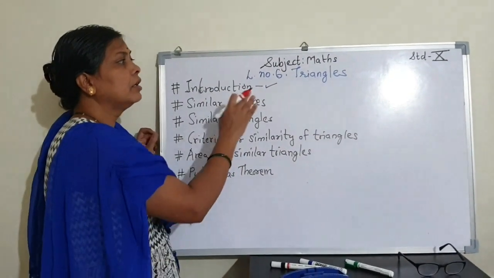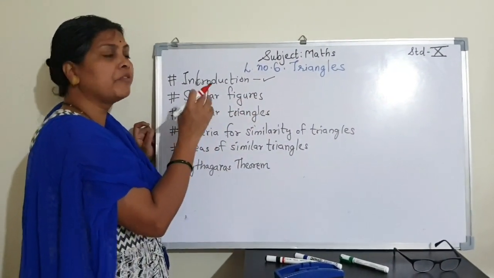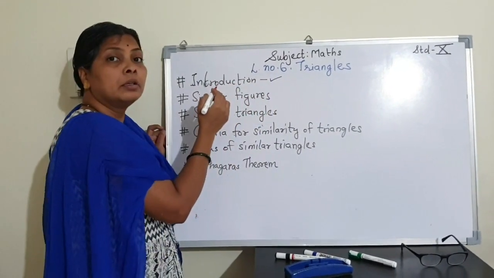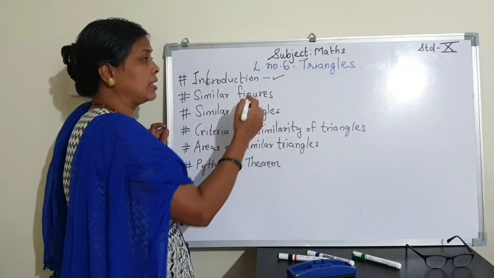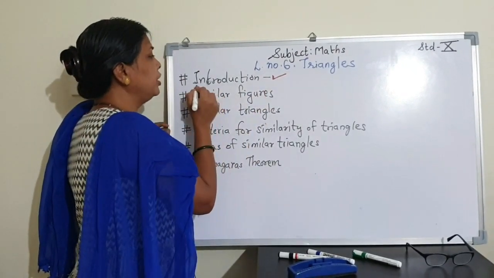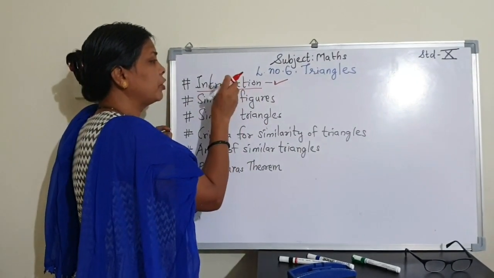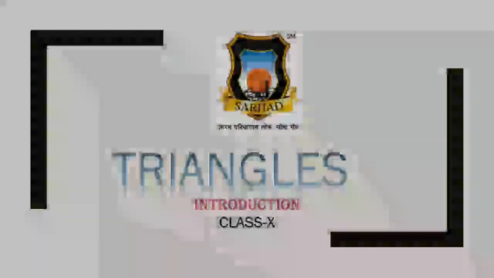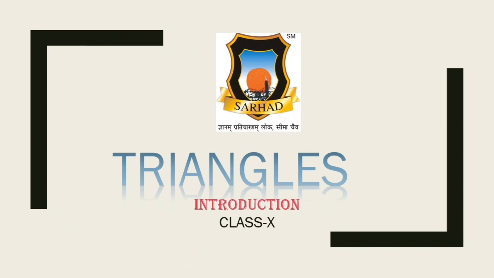So children, in today's class we are going to revise what concepts you have learned about triangles in previous classes, so that we can see the introduction of triangles. Once again, you all are welcome in this class.